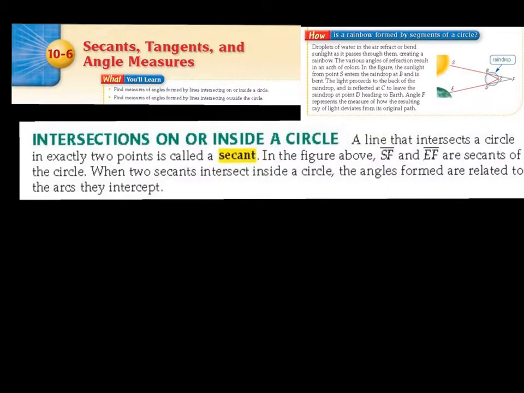A line that intersects a circle in exactly 2 points is called a secant. In the figure above, segment SF and segment EF are secants of the circle. When two secants intersect inside a circle, the angles formed are related to the arcs they intercept.